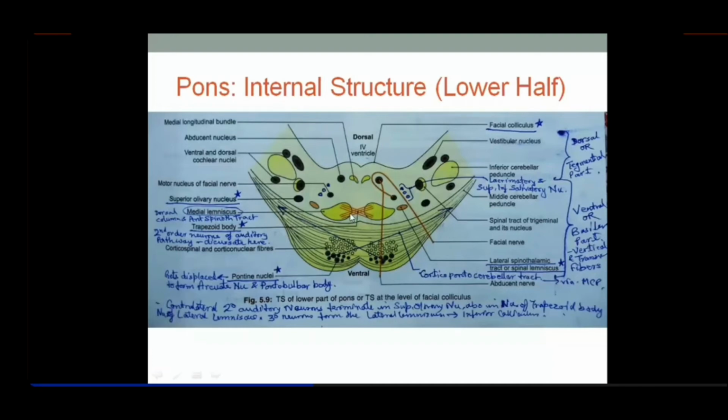So the purpose of this medial longitudinal bundle is to move your head and neck and your eyeball in response to auditory impulses. But another important factor is that the maximum fibers running in the medial longitudinal bundle are from the vestibular nucleus.